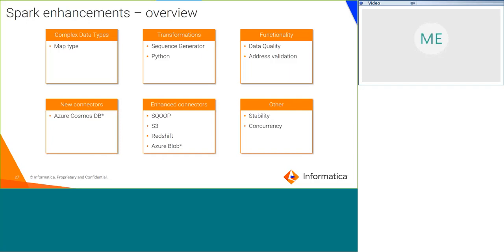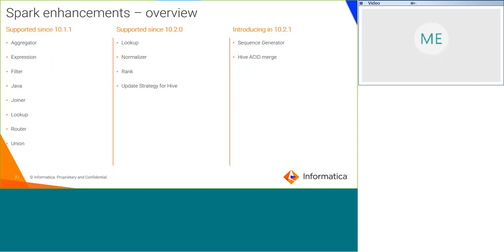So starting 10.2.1, you can run most of our data quality transformations in Spark mode. For Spark, we have also done more enhancement around connectivity support, so most of these connectors are available in Spark. And there are other enhancements mostly around stability and concurrency.